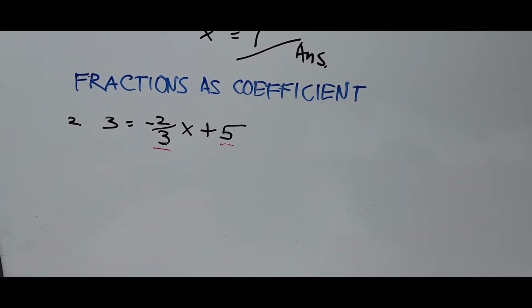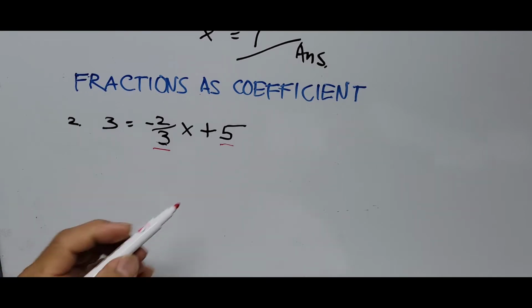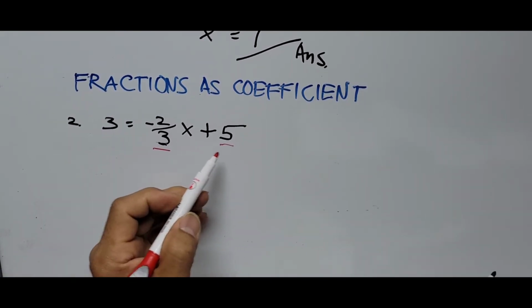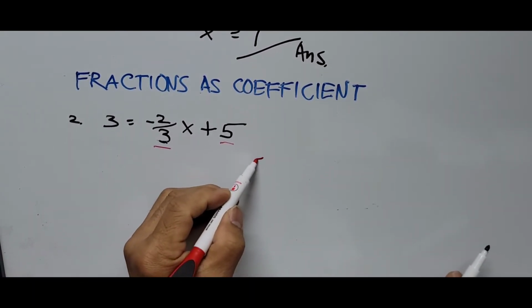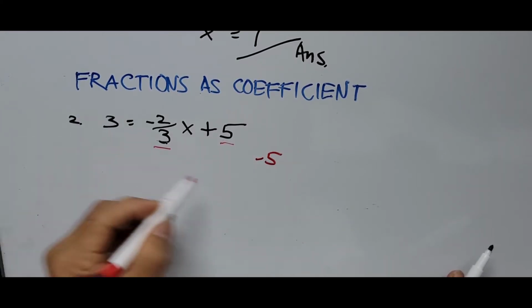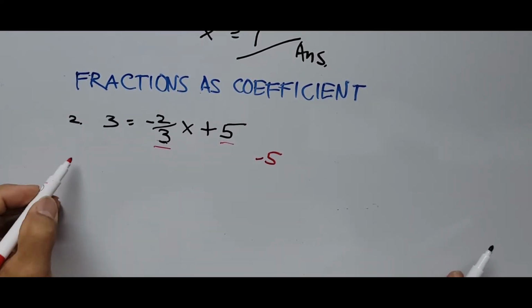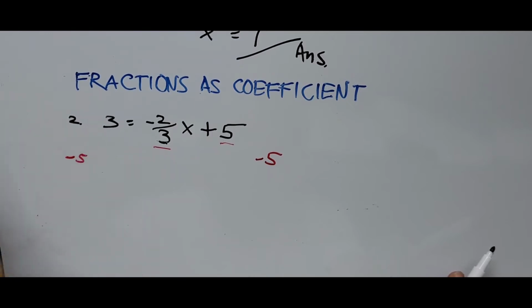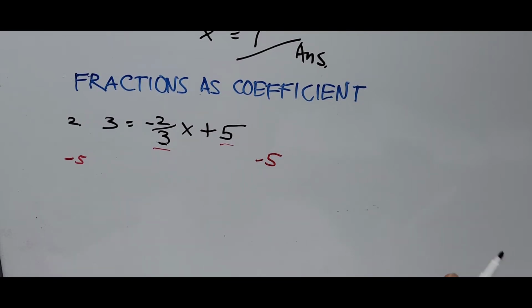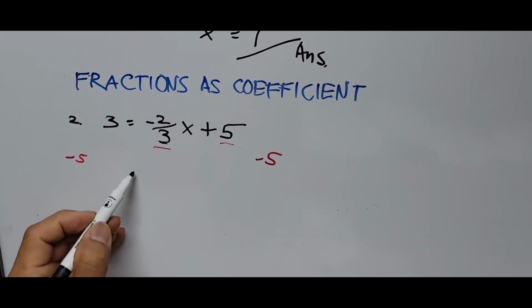What we are going to do is use the inverse. To eliminate the 5, which is plus 5, the inverse is negative 5. You do negative 5 on the left side as well, so it won't affect the balance of the equation. So let's do it.